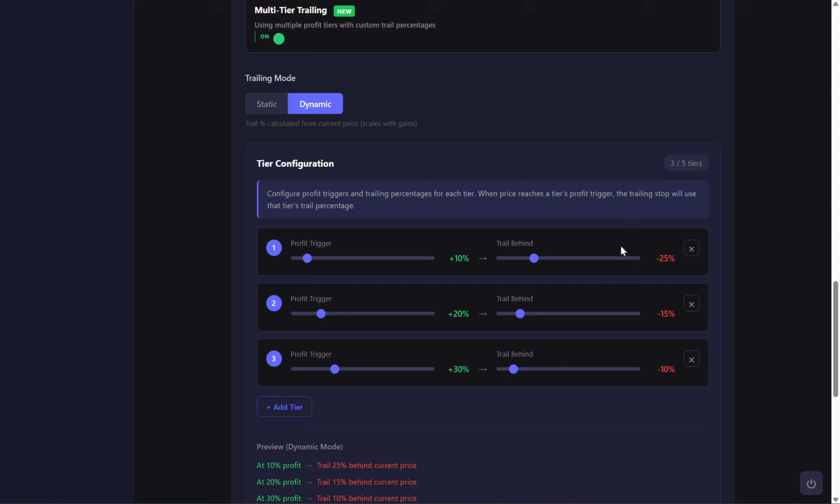If it goes up bouncing around a lot, you're probably going to stop out on these because you don't have as much room to move, okay? So that's the trade-off. You're locking in profit as it goes up, but you're also taking away the ability for it to move.